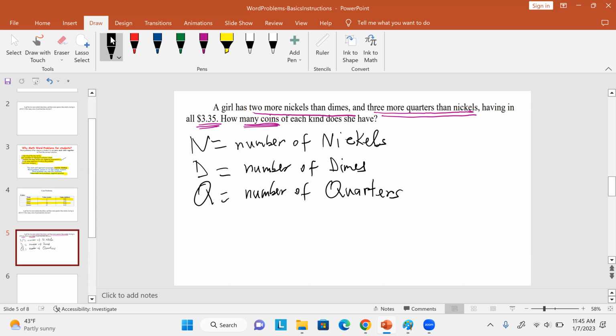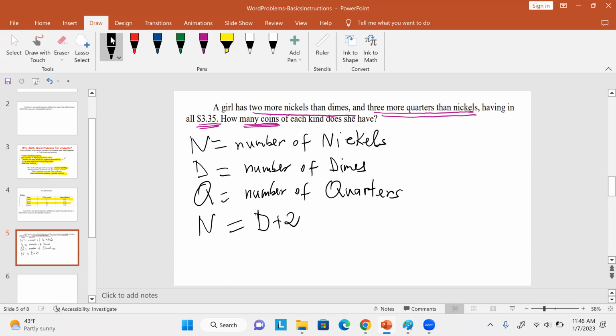So the algebraic expression between nickels and dimes: we're going to have n, which is the number of nickels, equals the number of dimes, d, plus 2. Can you write the algebraic expression for the next step?